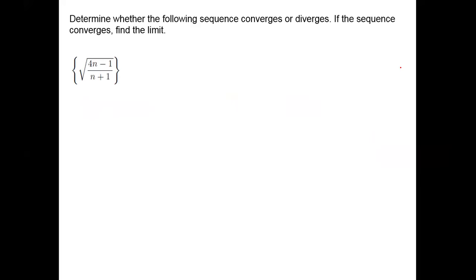Sequence number 2. Square root of (4n minus 1) over (n plus 1). In order to find convergence, we have to compute a limit. We can just compute the limit of the inside quantity and then apply the outer function, the square root, since it is a continuous function.